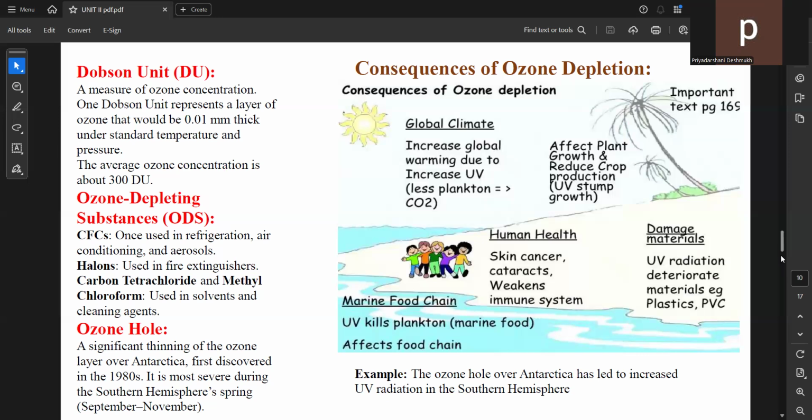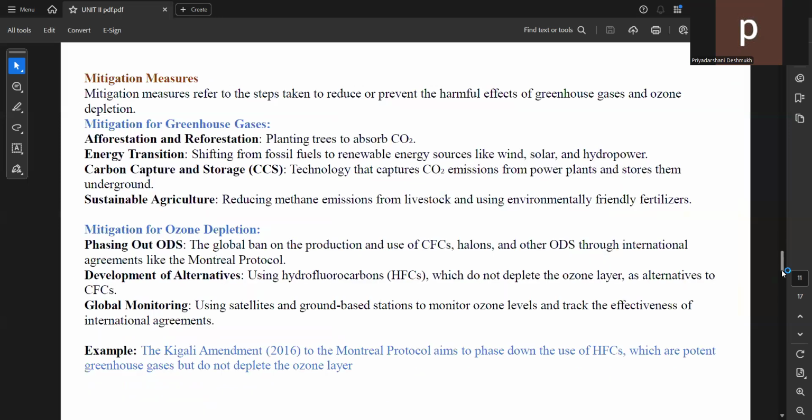Now, this ozone hole has led to the increase in the UV radiation in the southern hemisphere. So, due to this hole, that is the thinning of the ozone layer in that particular area, we can see the depletion of the ozone layer mainly in the Antarctica.